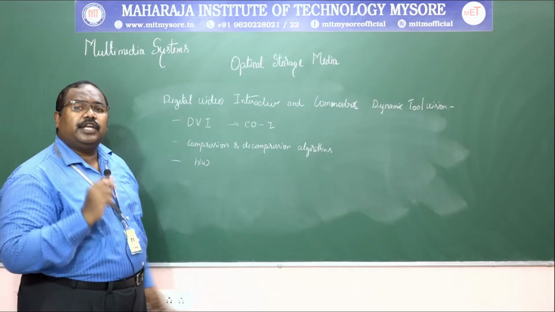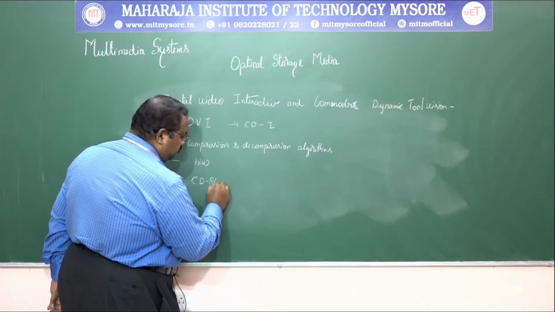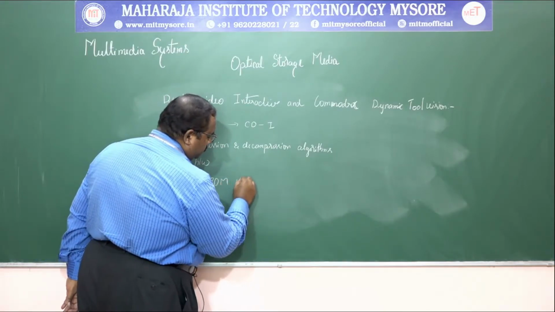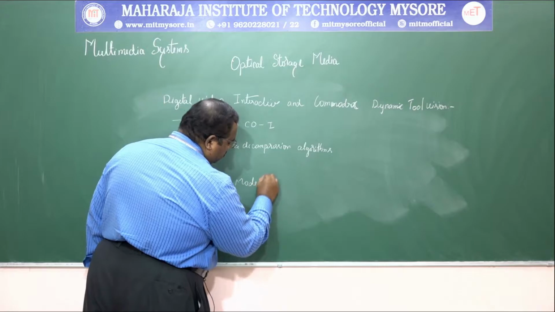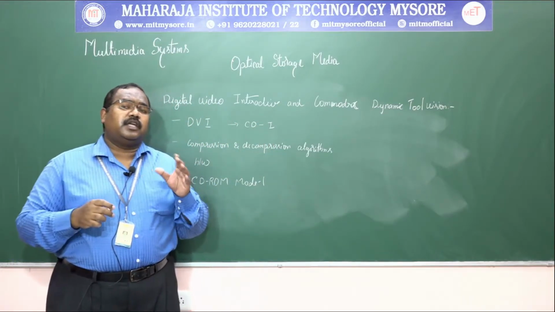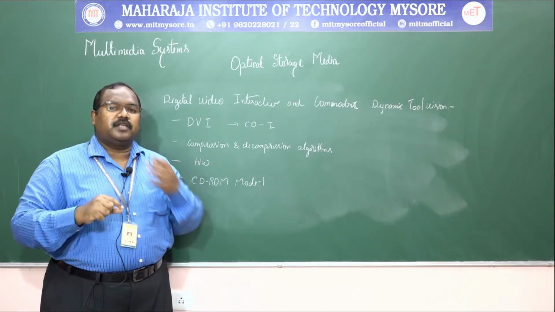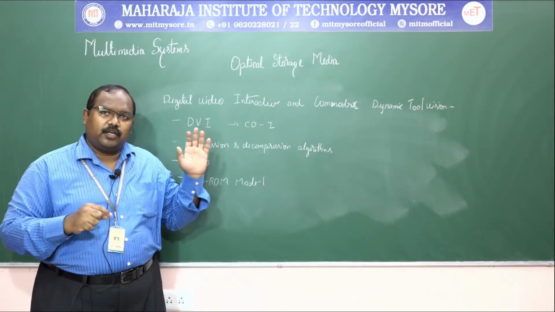DVI uses the CD-ROM mode 1 technology. With mode 1, we have seen how the blocks are bifurcated, how the information is segregated when we talk about CD-ROM mode 1.